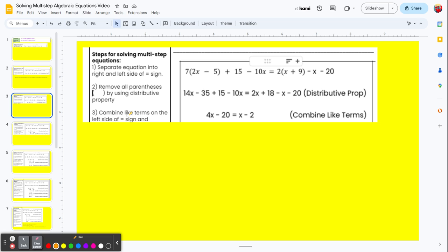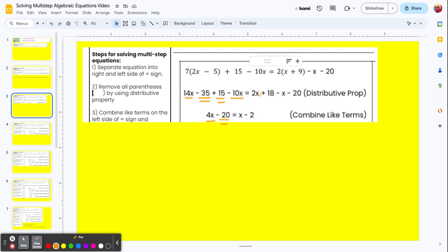Our next step is to combine like terms on the left side and the right side of the equal sign. So we're going to do that by, sorry, 14x and negative 10x here. We're going to combine those. That's how we get the 4x. And then we're going to combine the negative 35 and the 15 to get the negative 20 here.